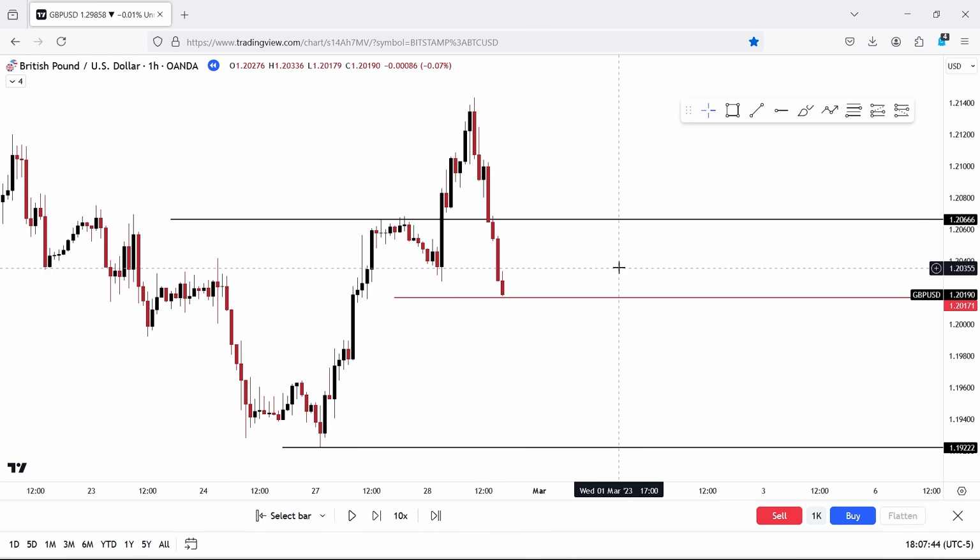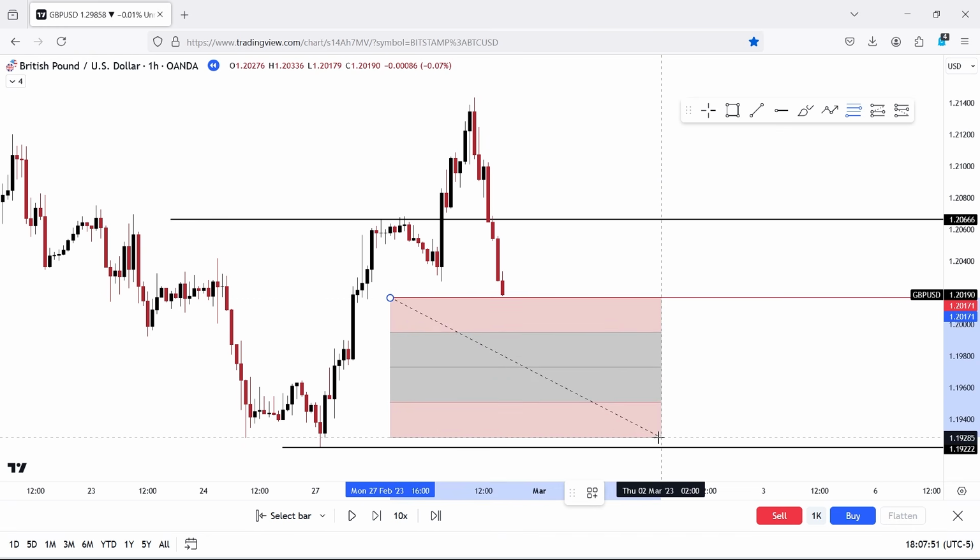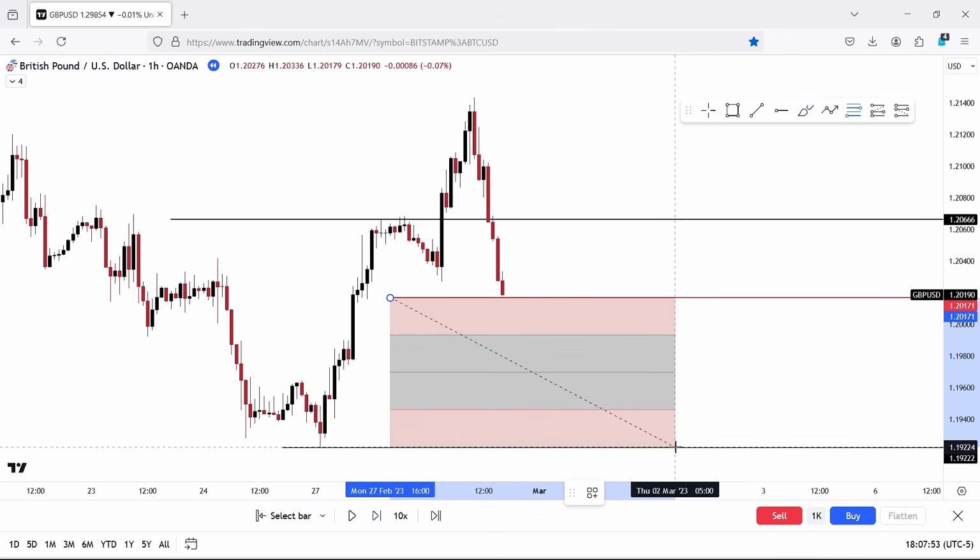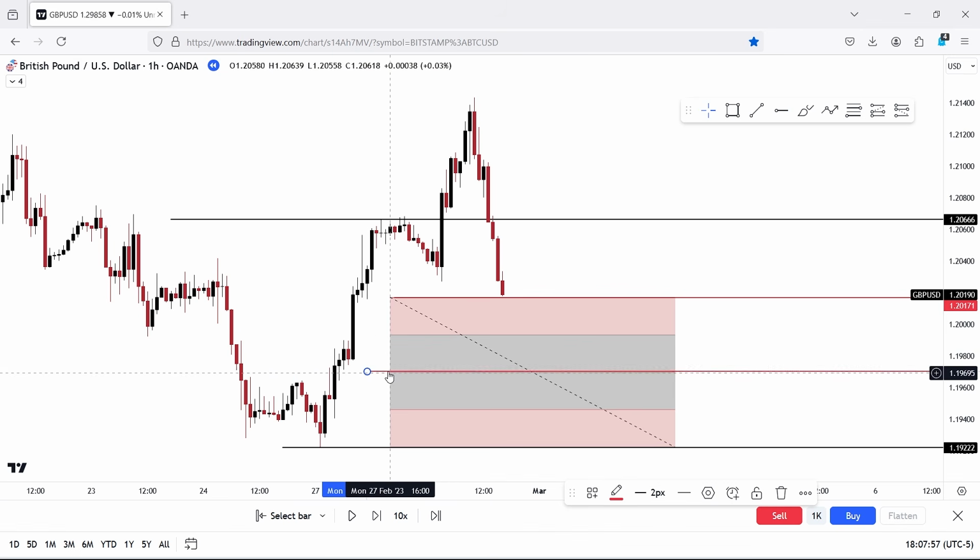But as far as probability goes, your highest probability exit would be the 50% from your trigger point all the way down to the bottom of the range. Mark up the 50%. And this would be your highest probability target. So this could always be your first target that you reach, and you take partials before you go break even and target your second.